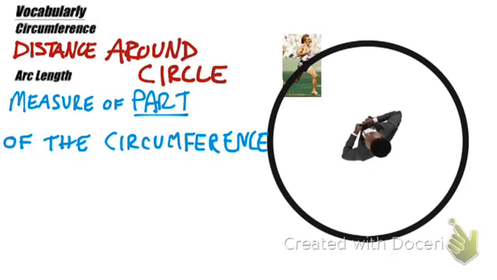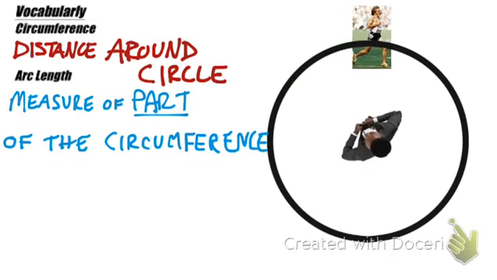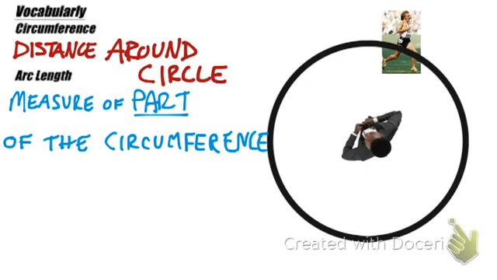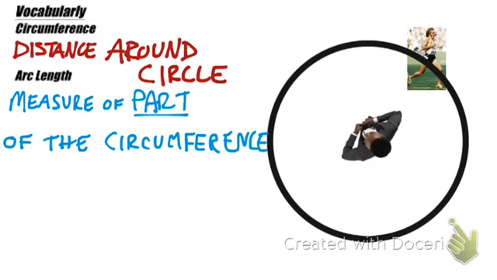So let's pretend that he's starting to run, he's trained day 1, and he starts running along, and then he starts dying about right here and stops. So this guy started here and only was able to make it to about here. Because this is part of the circumference, that's what we call the arc length.